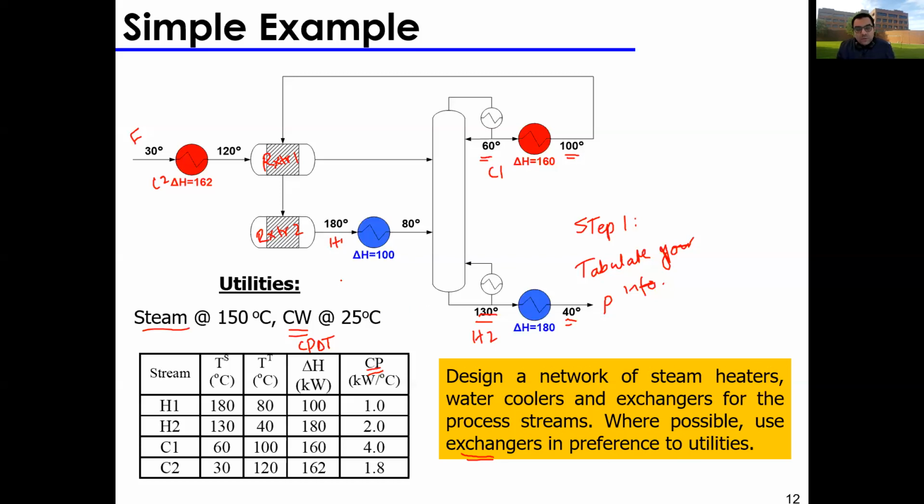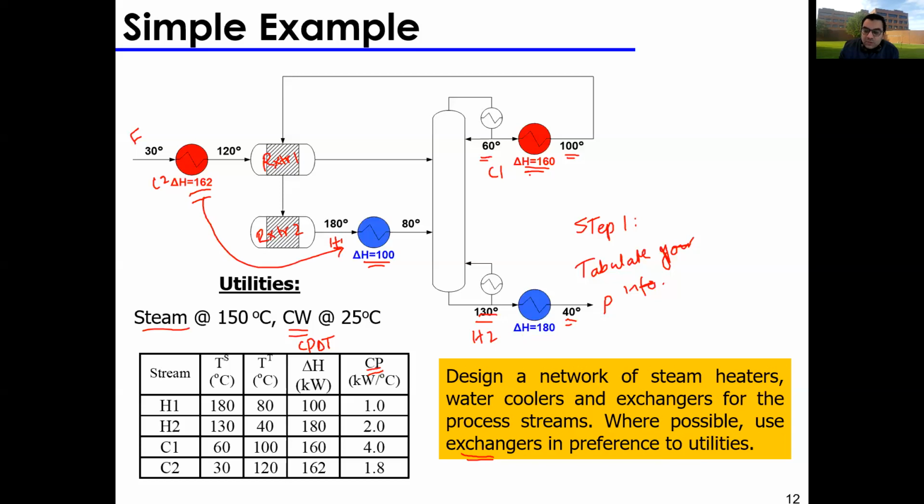Okay, so what would be a good approach here? Let's think. Maybe I could, this guy needs 100. This guy has 100 to give. This guy has 160 to give. This guy needs 180, right? So I could use some of this energy to heat up this guy.